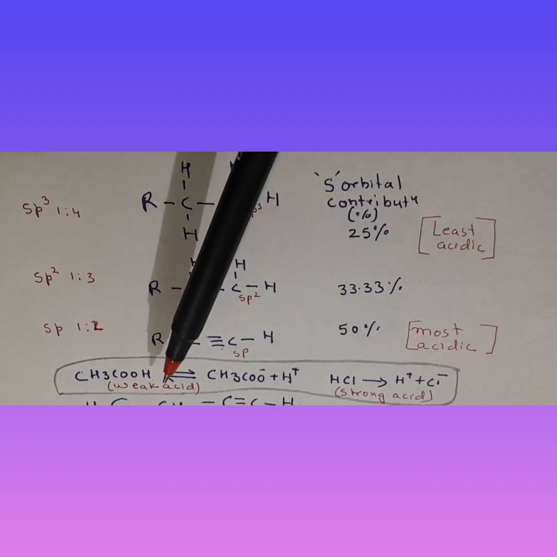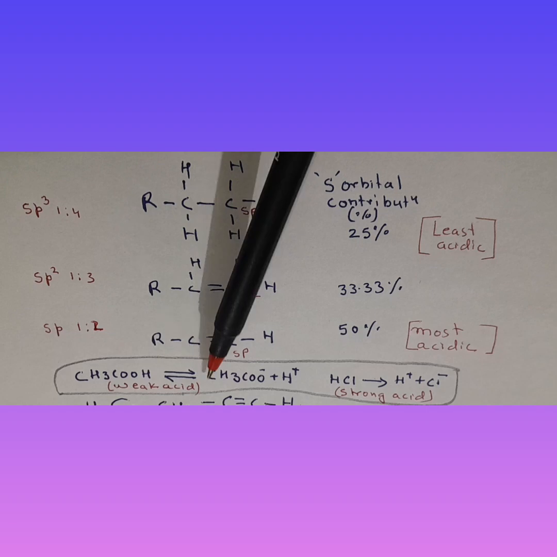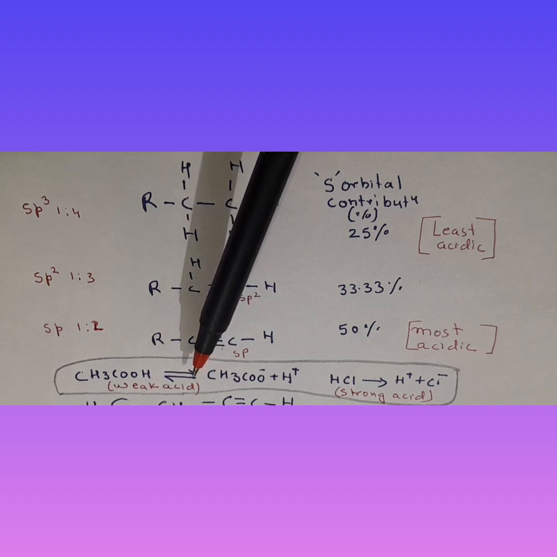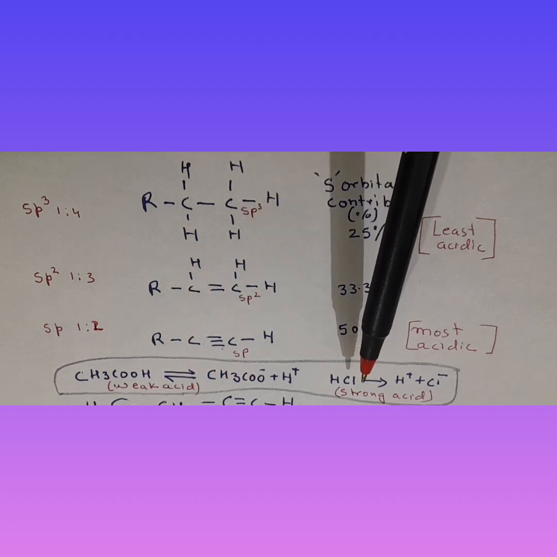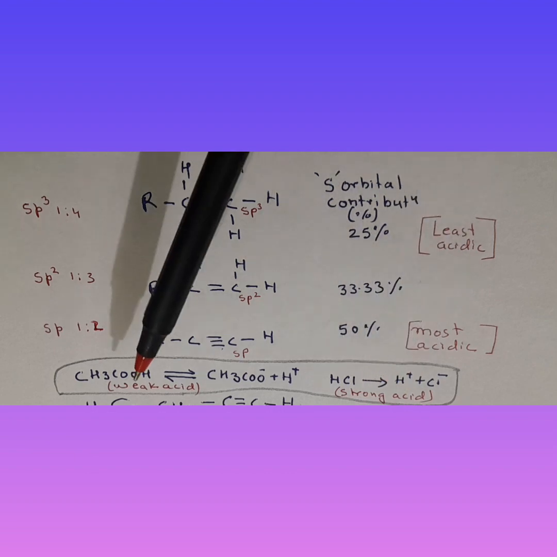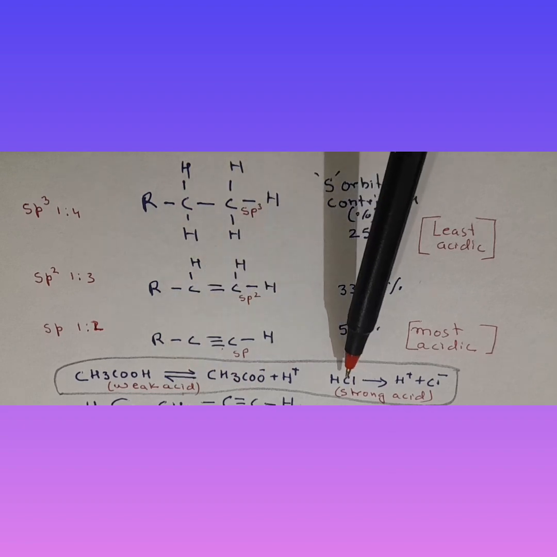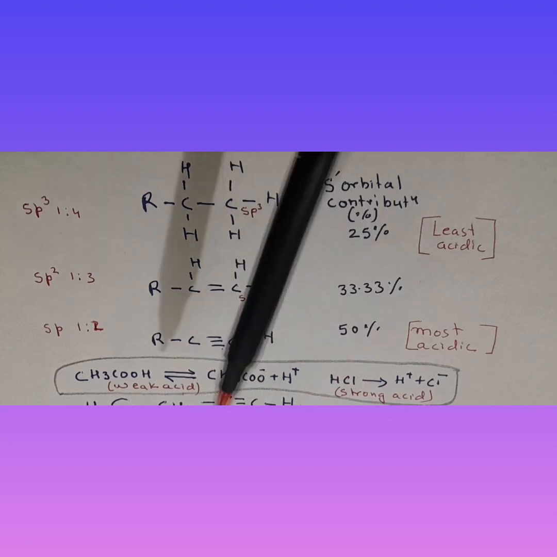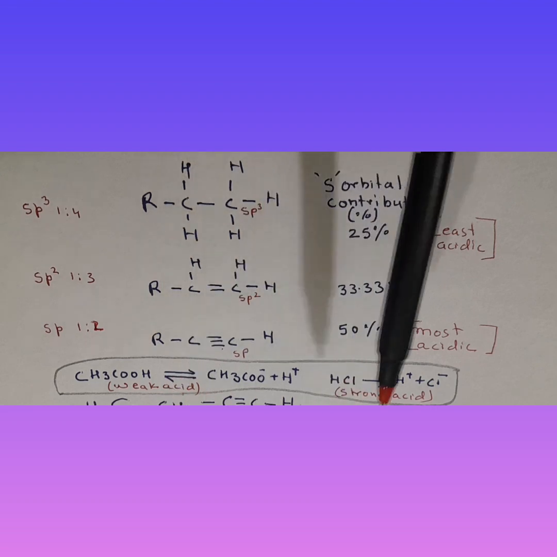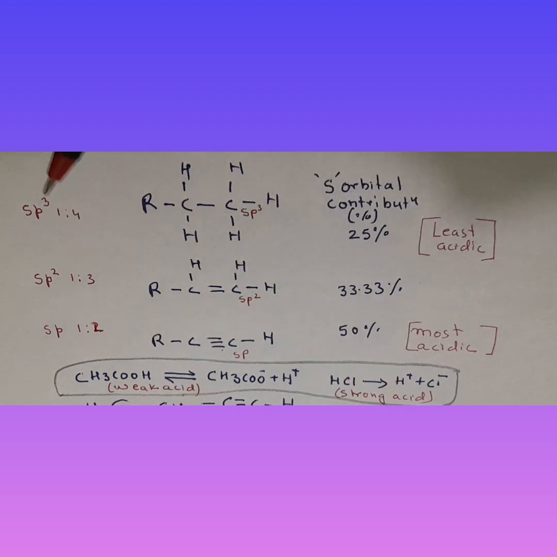A weak acid is normally represented with a forward and backward arrow, whereas a strong acid is represented by a forward arrow, because the weak acid dissociates and then comes back again. There's an equilibrium here, whereas the strong acid dissociates completely. That's all about weak acid and strong acid. Now let us get into our topic.